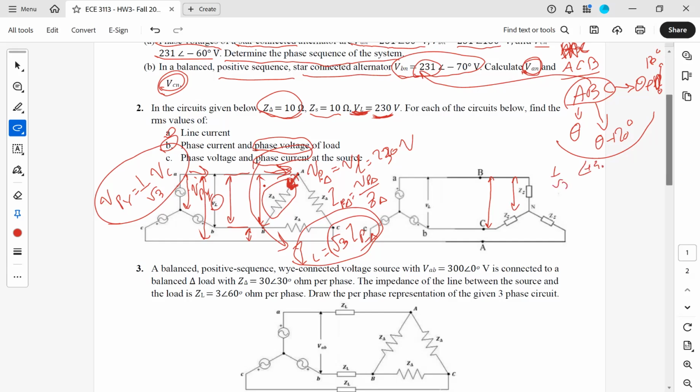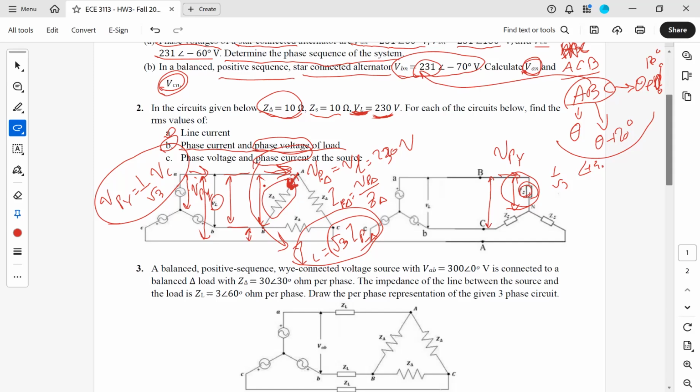And when we have our star-connected phase voltage, because we have the impedance, we can easily calculate the current for each phase of a star-connected load. So this is basically how we answered part B. And since it's star-connected, we know the phase current and line current are the same.